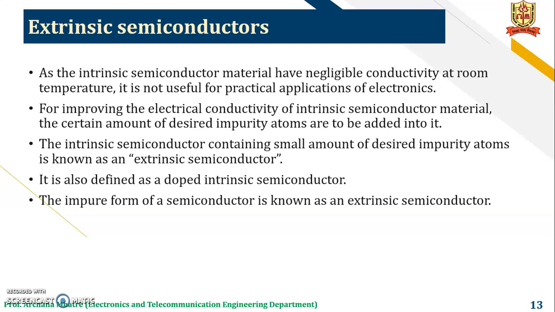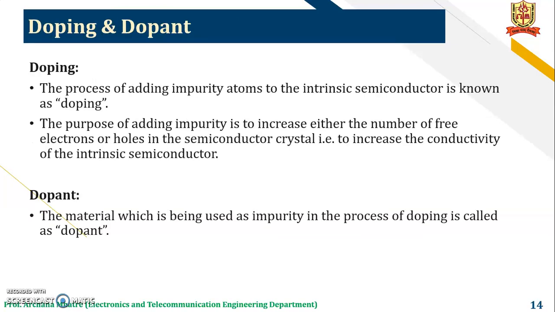The intrinsic semiconductor containing a small amount of desired impurity atoms is known as the extrinsic semiconductor. It is also defined as the doped intrinsic semiconductor. So intrinsic is a pure form of semiconductor, while extrinsic is an impure form of semiconductor.